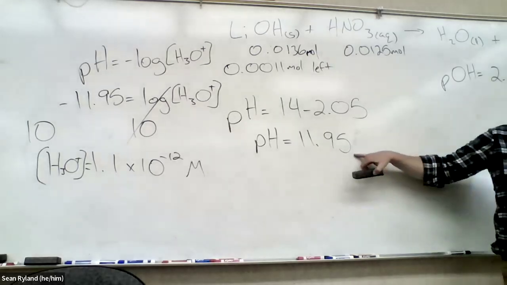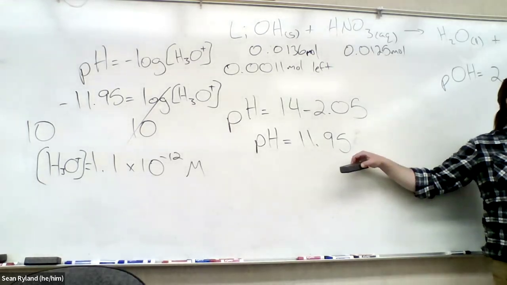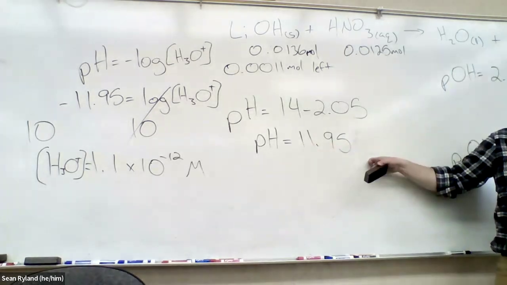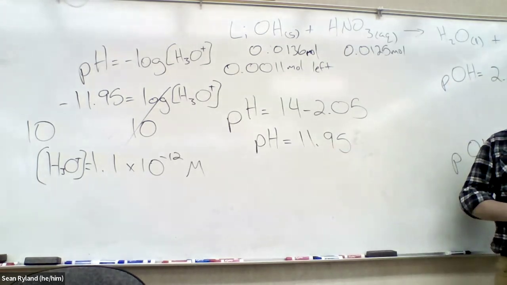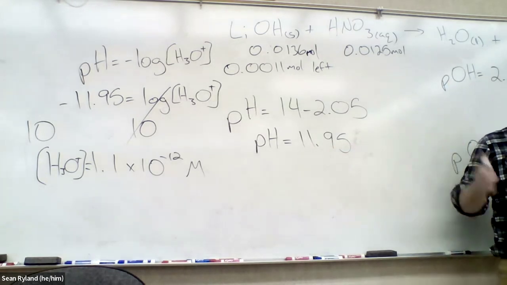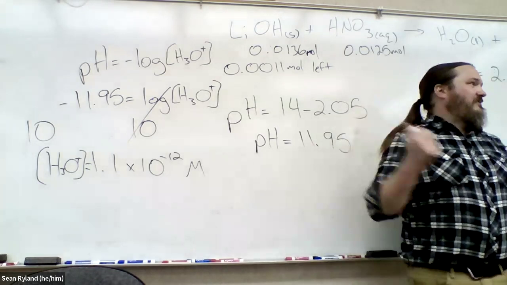So no, this would be your answer for this one. Just box this, and it doesn't even have any units. So you have to write pH equals to give that number context. You could write 11.95 pH units, but it's basically a made up unit, because once you take the log of something, the units disappear.